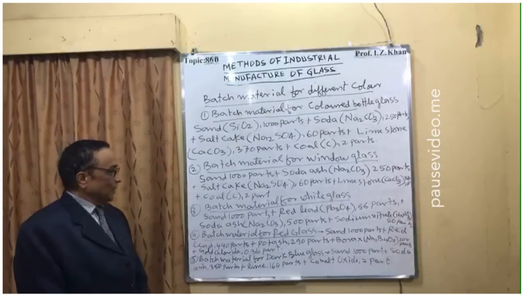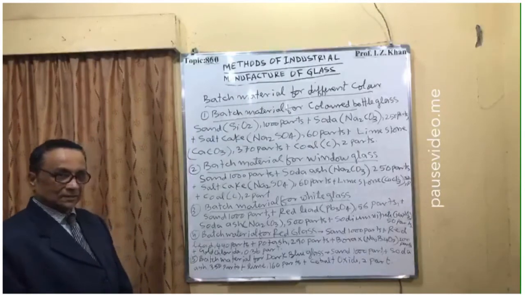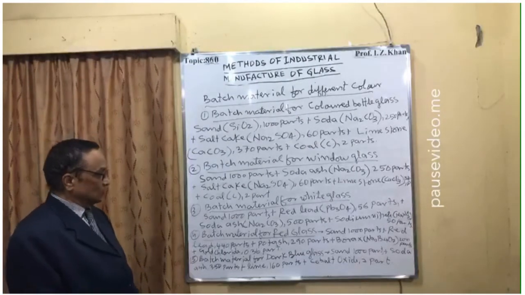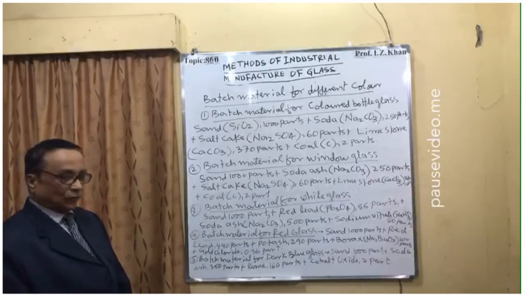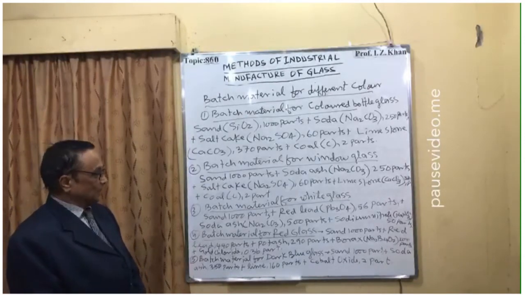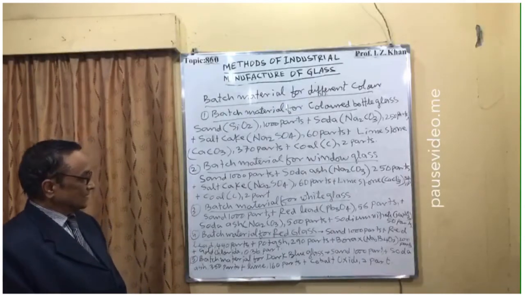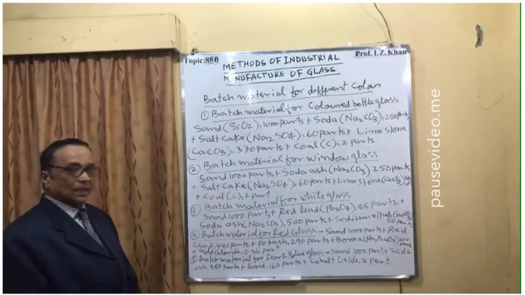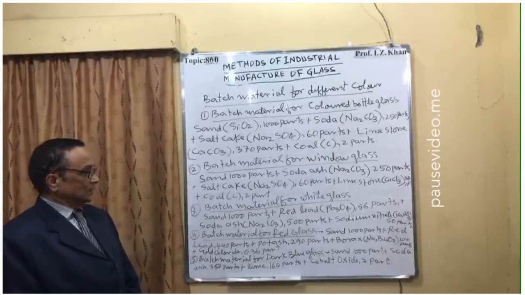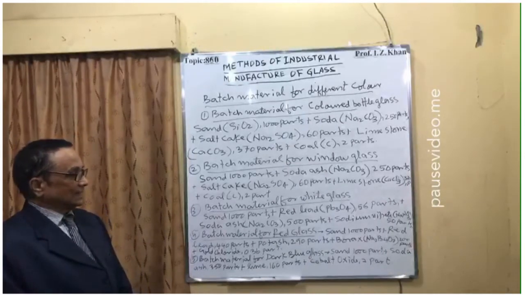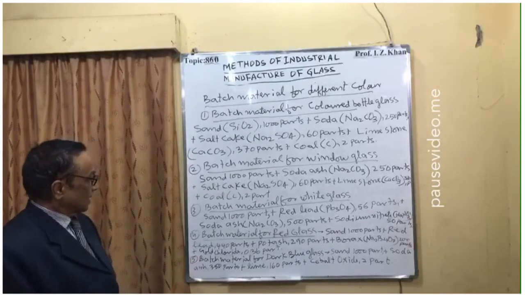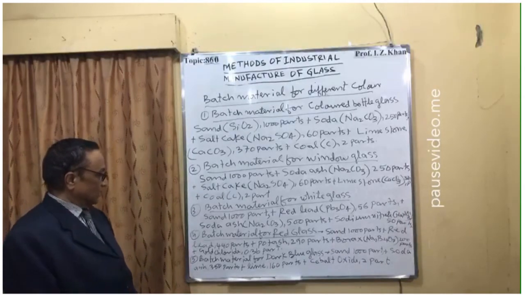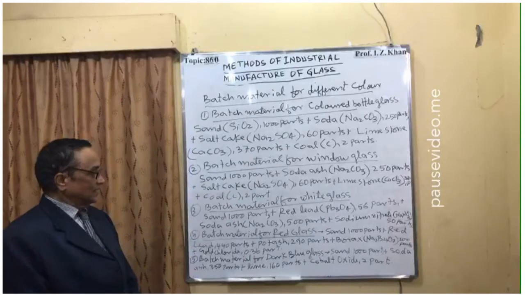Number three, batch material for white glass. For this, sand 1000 parts, plus red lead, that is Pb3O4, 56 parts, plus soda ash, that is Na2CO3, 500 parts, plus sodium nitrate, NaNO3, 50 parts. And number four is batch material for red glass.